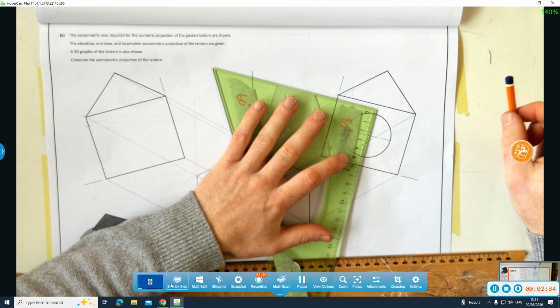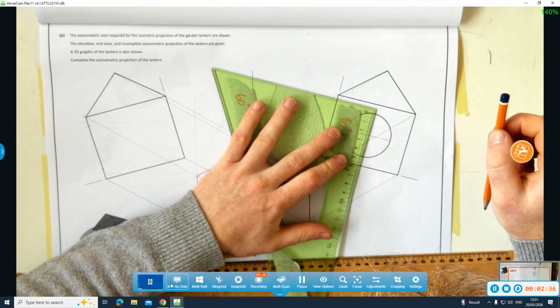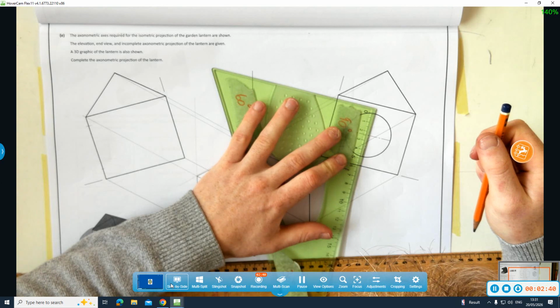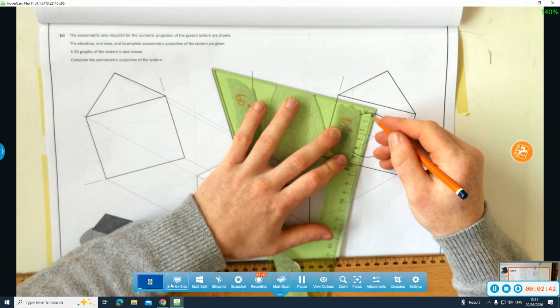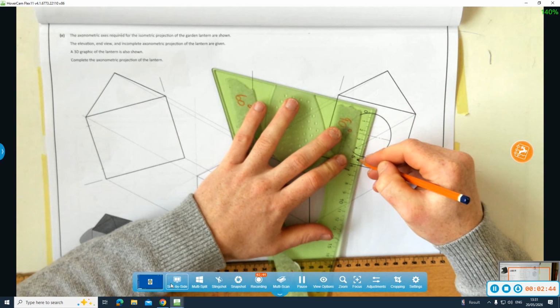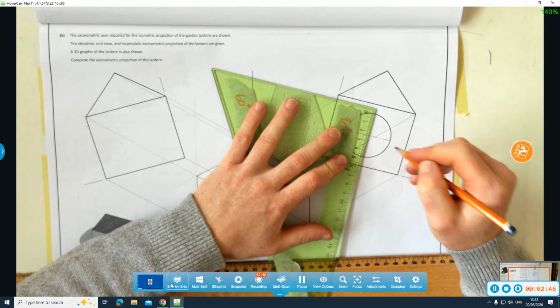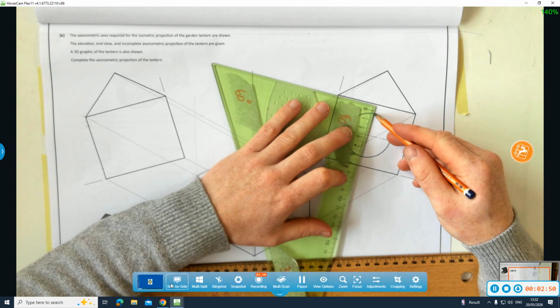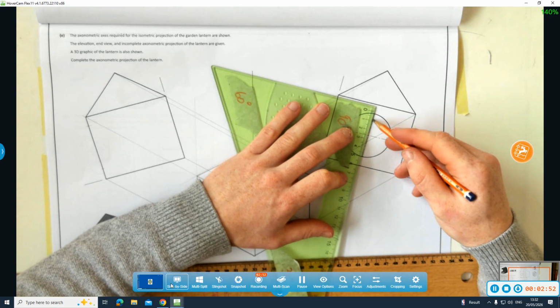So we need to divide the circle. I'm going to divide this line, the center line of the circle, into an equal number of parts.